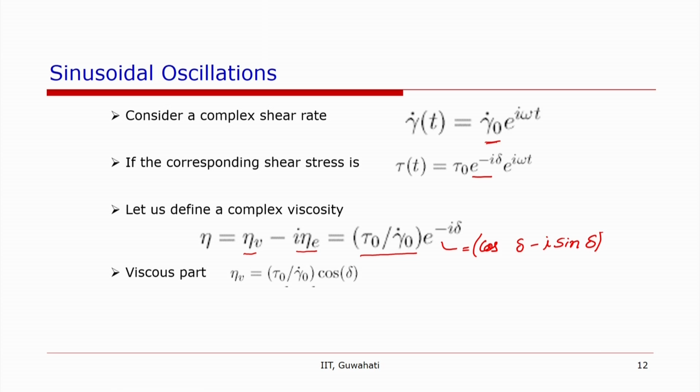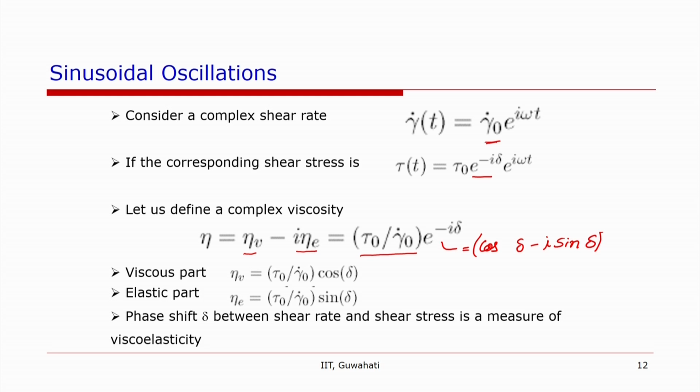This is the viscous part, and the elastic part will be sin delta, and this delta is the phase shift between shear rate and shear stress, and this is what measures the viscoelasticity. So, the phase shift between the two is the viscoelastic behavior.